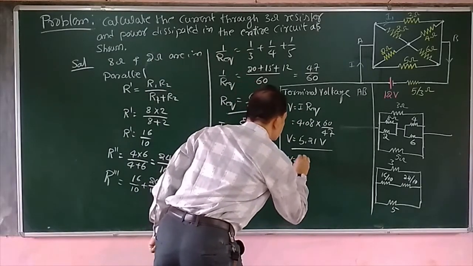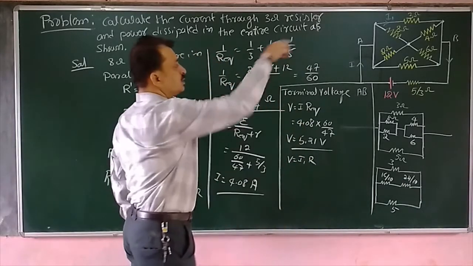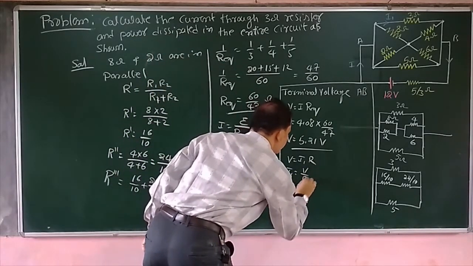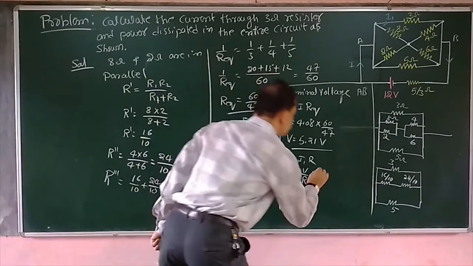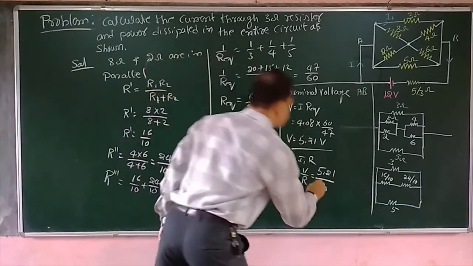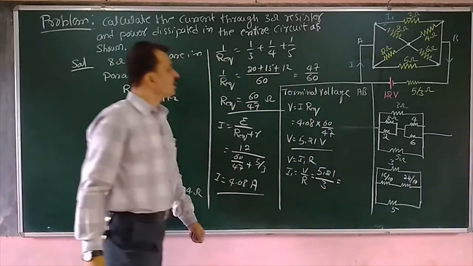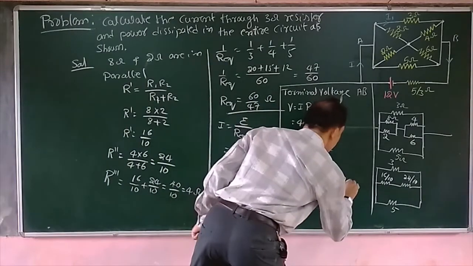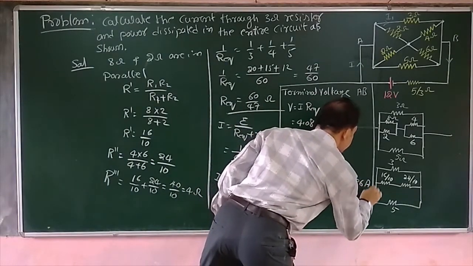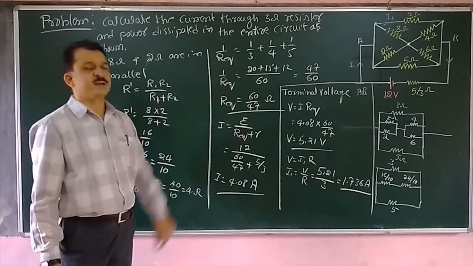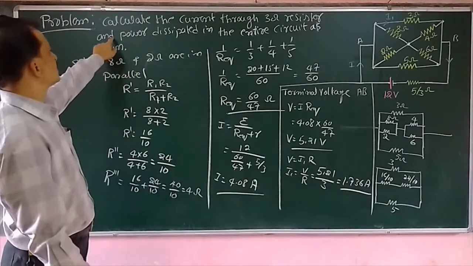Therefore, V is equal to I1 into that particular resistor, so current I1 is equal to V by R, that is 5.21 divided by 3, which is 1.736 amps. This much current is flowing through the 3 ohm resistor, as asked.